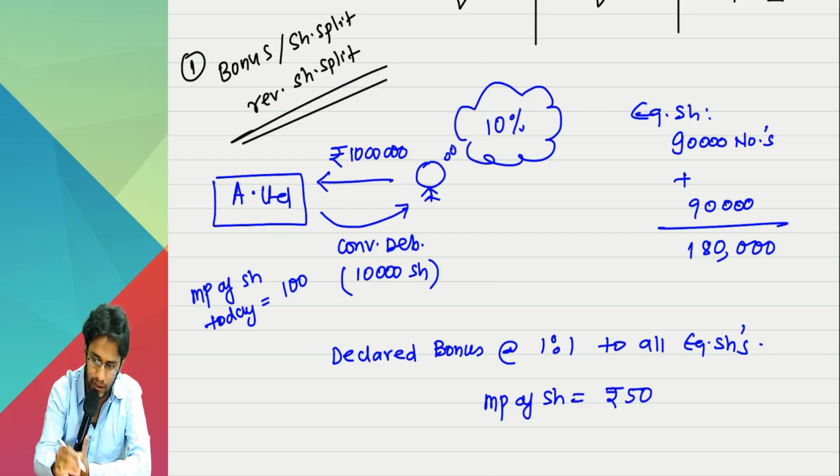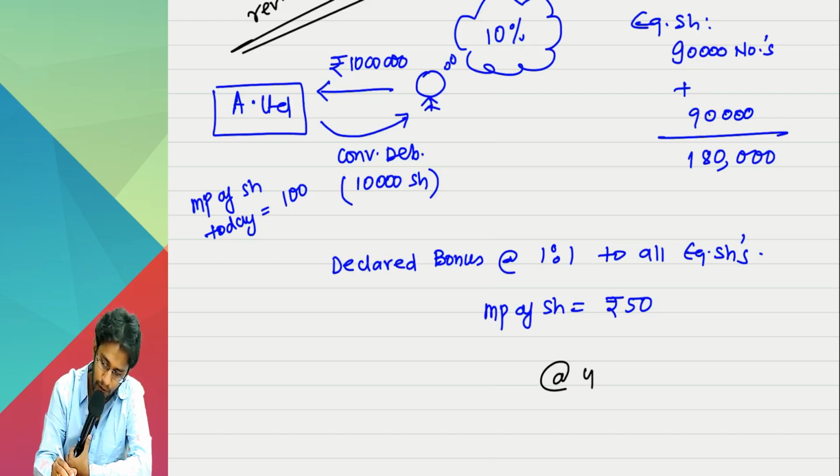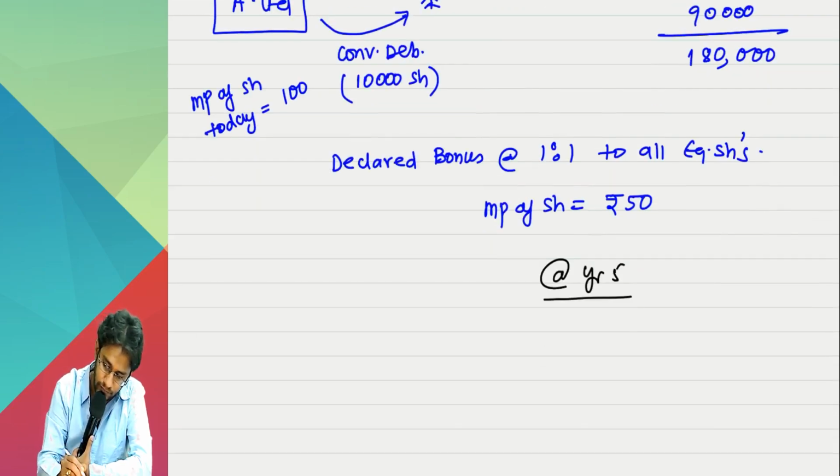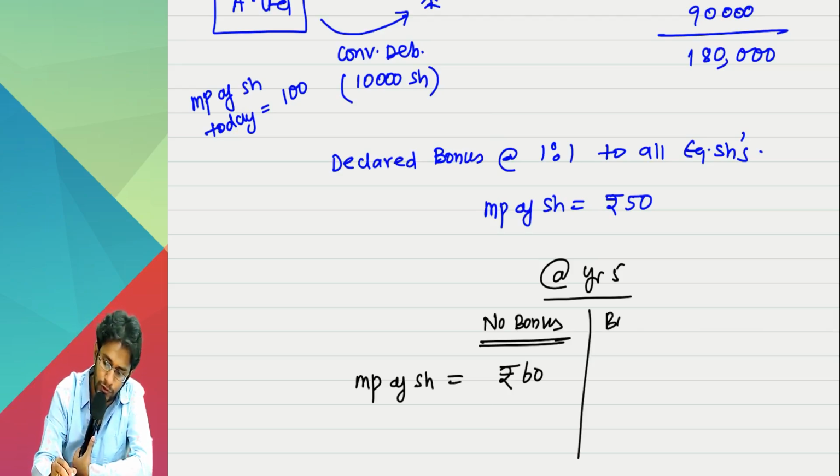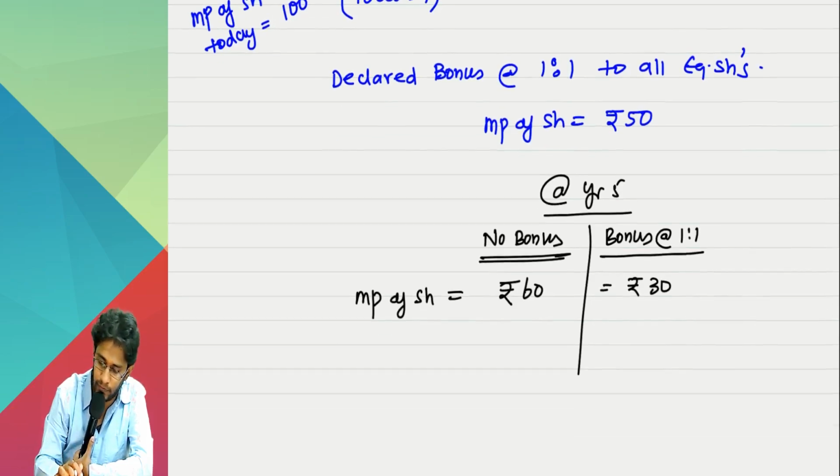Or else, let me take you through one more number. Let's say at year 5, when bonus is not there, the market price of the share is 60. Suppose you issued a bonus somewhere during the period at the ratio of 1:1. Market price will become how much? 30.